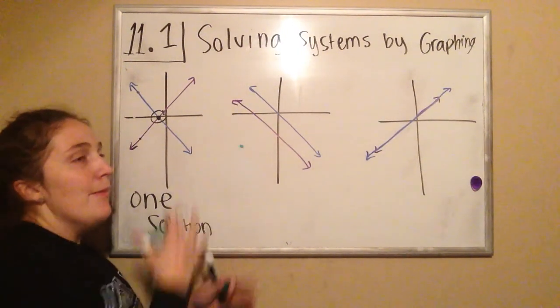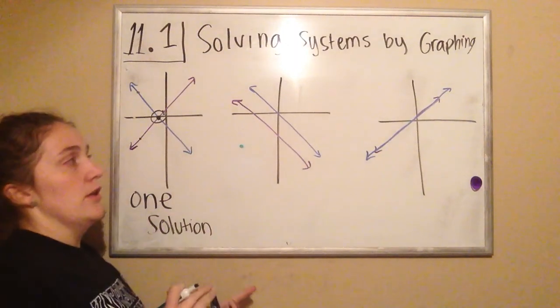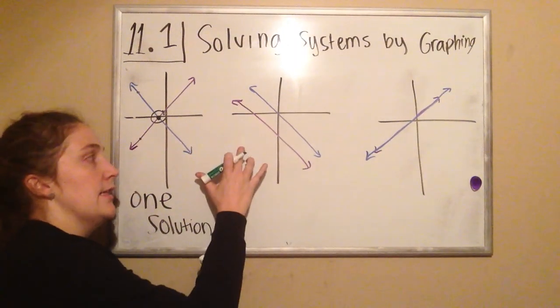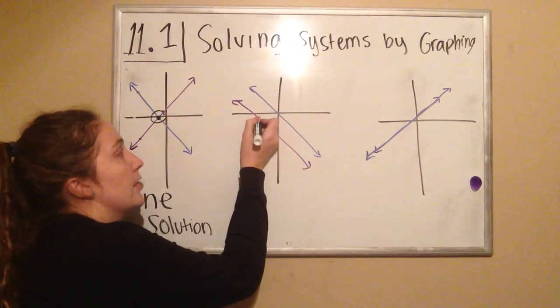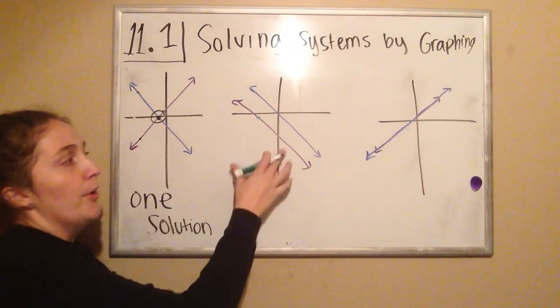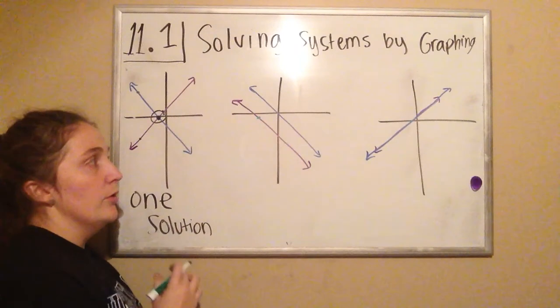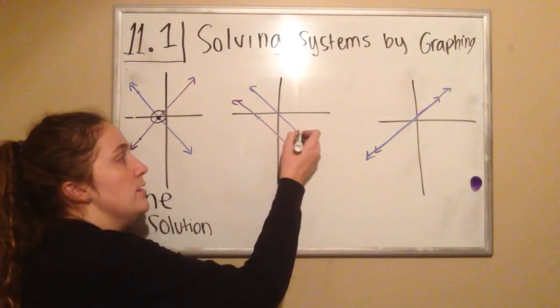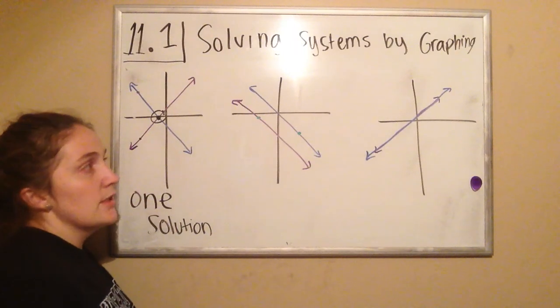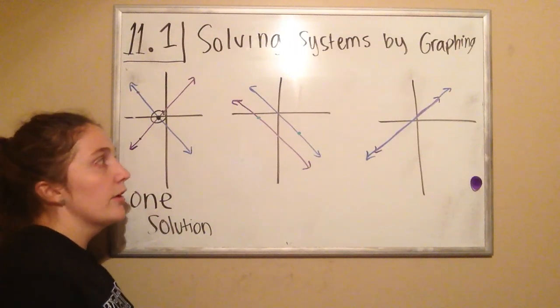Okay. If we look at this one over here, and we think about, well, let's pick this point here. That point is not a solution of either linear equation, so that doesn't even work. That's a non-solution of both equations. If we picked one here, that's a solution of the purple, but not of the blue. We need it to be a solution of both. If we try this one here, that's only a solution of blue, not of purple. That doesn't work.